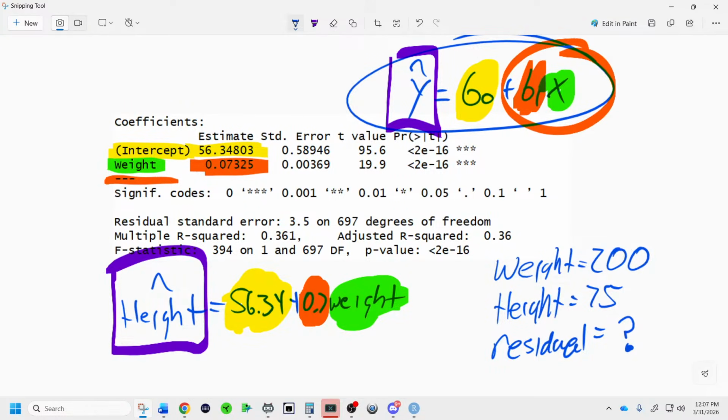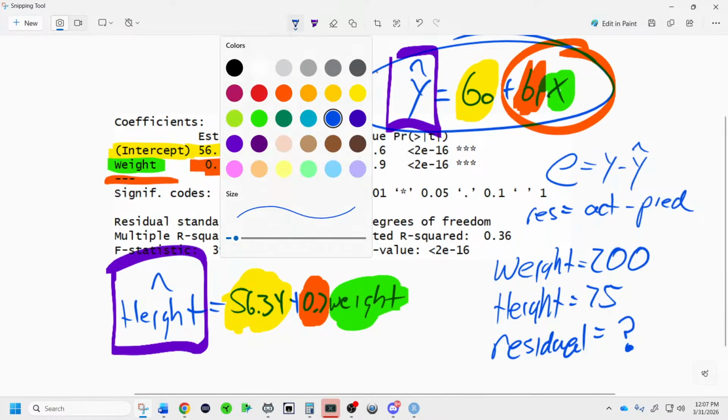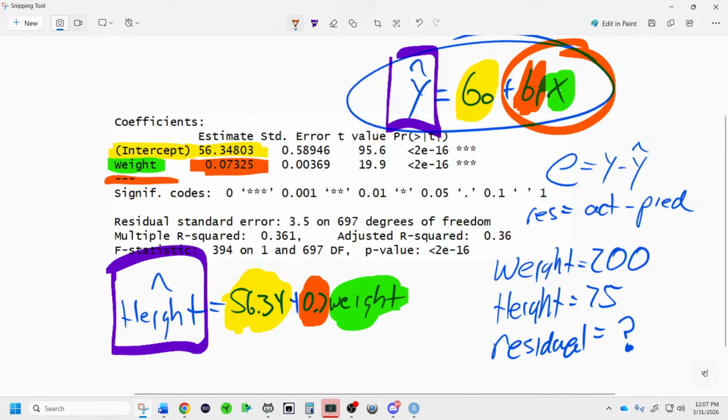Well, remember, residual, which is E, equals actual, which is Y, minus predicted. And you do get these formulas. So residual equals actual value, whatever Brian's actual height is, minus his predicted height. We know my actual height, which is the Y value we're looking at.